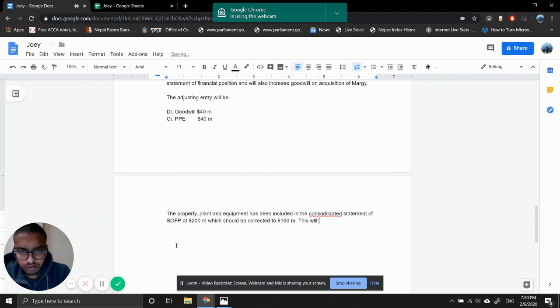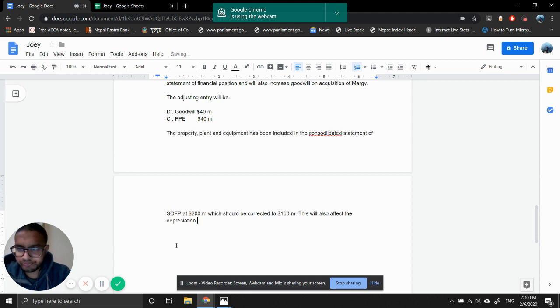This will also affect the depreciation, which will be basically how much? $2 million. 40 million divided by 20, right? Divided by 20.